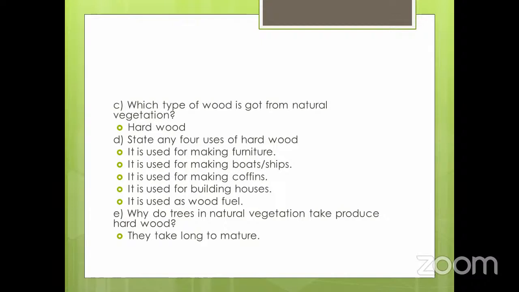Then the other one, it is used for making boats or ships. Here, in primary 6 or primary 7, they will always ask you this question. Teacher Charles, you have written ships. Yes.